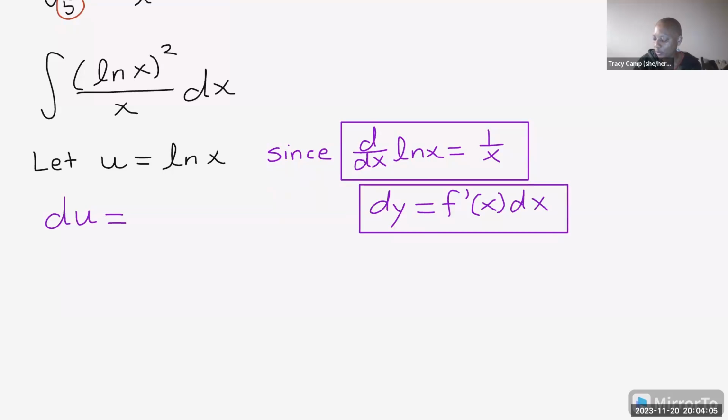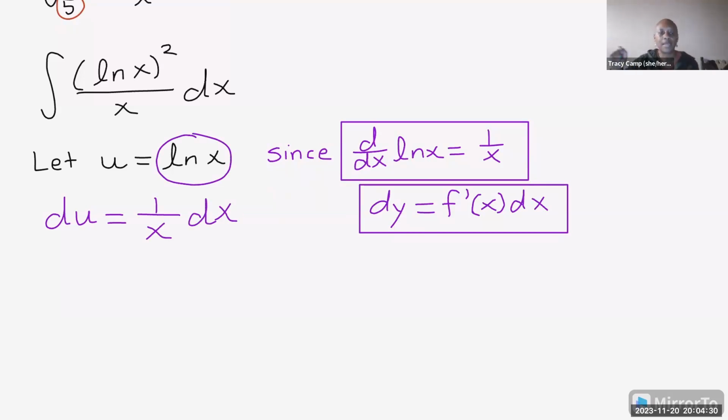So I find my u prime, which is 1 over x. And then I have d, in this case, 1 over x dx.